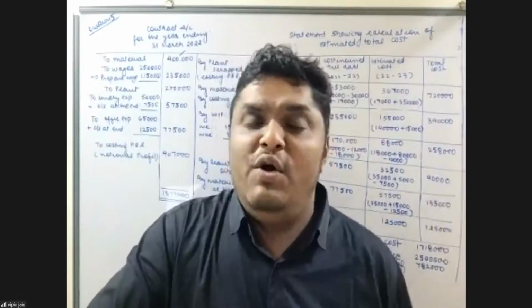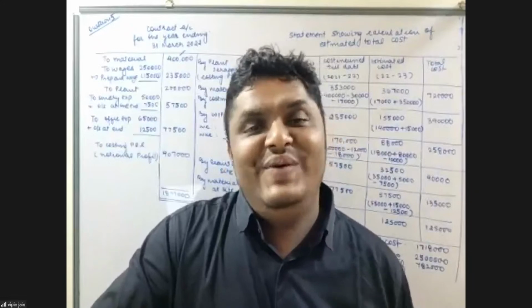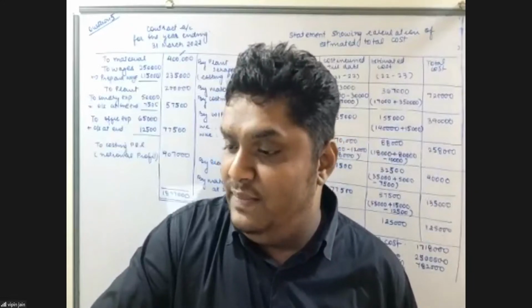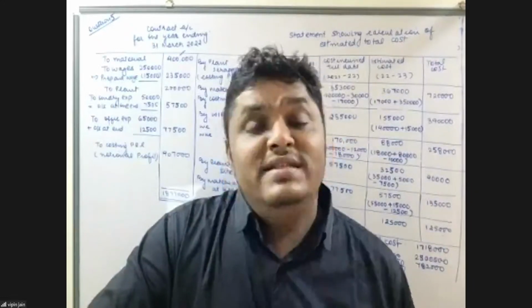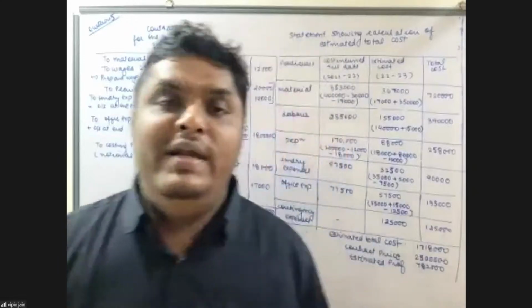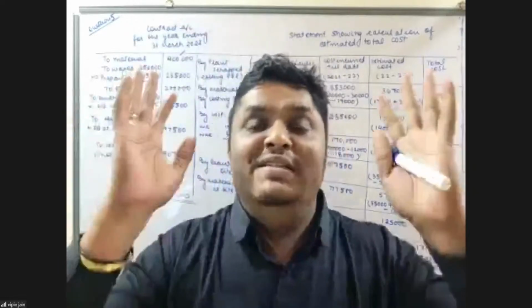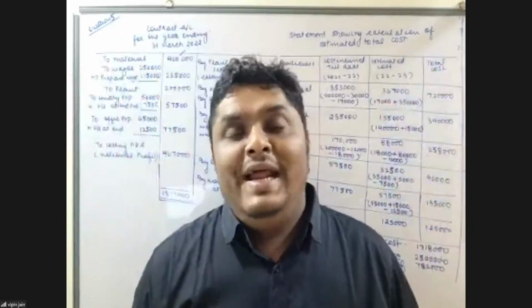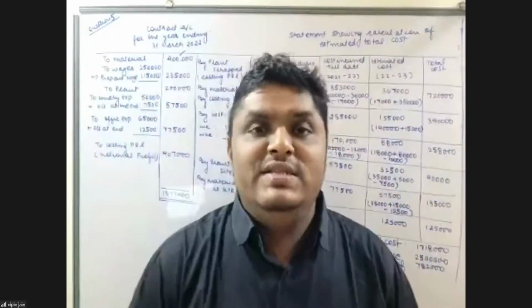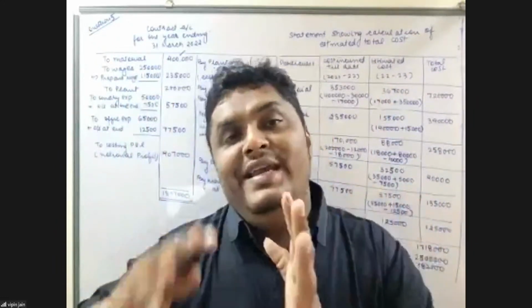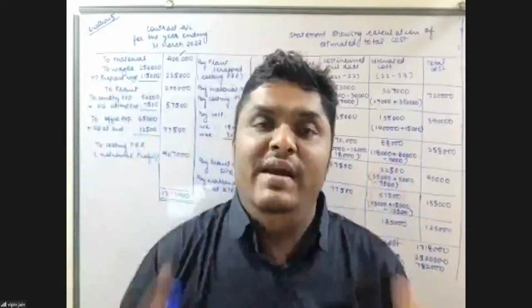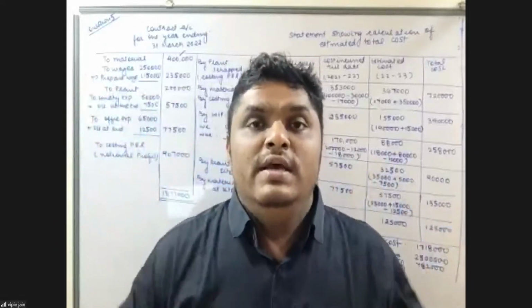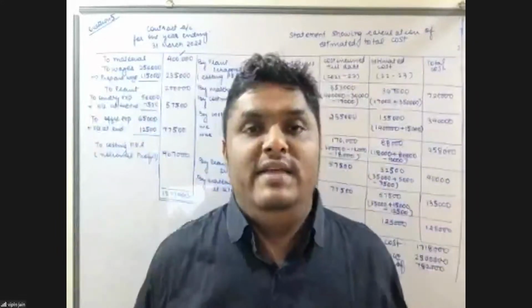The important part is the contract costing, and that's why I've discussed this contract costing only. The chapter is very easy. The point is, first and foremost, stick to the concepts. Try to memorize what I have taught in these 2 sessions. If you at least solve 8 to 10 questions in writing, I assure you, nothing outside this will come in the exam.